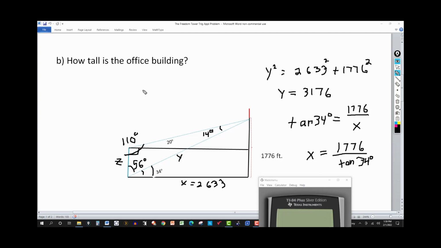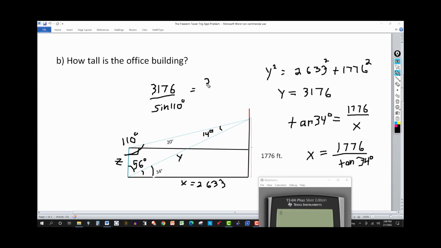So now we just need side z. The side opposite 110 is y, which is 3176. So here I'm going to use the law of sines. 3176 will be divided by the sine of the opposite angle, which is 110. And then the side opposite 14 degrees is, of course, the side I want, z.